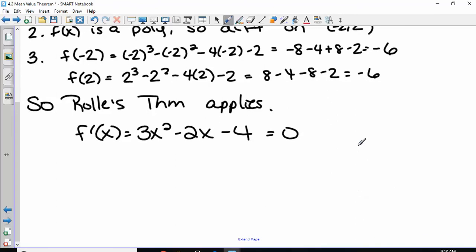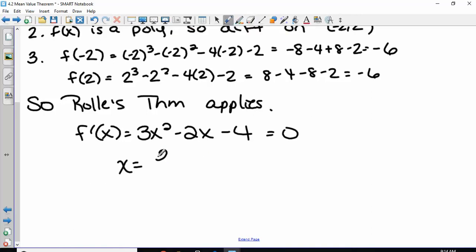Okay, I can try to factor this with Box method, but I don't think it's going to work. Have to multiply to a -12 and add to -2. Well, can we do it? No. So what do we do if the Box method doesn't work? Use the formula, the quadratic formula.